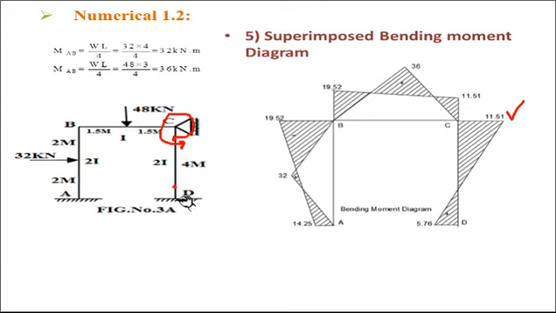Again keep the pen close to D and rotate about D in an anti-clockwise sense, because your moment is positive. So the moment comes toward the left-hand side of the column. So toward the left. Then join with the line. Likewise you will get your end moment or fixed end moment bending moment diagram.